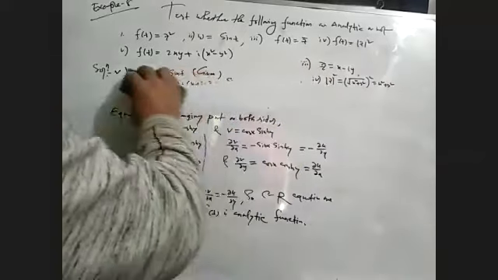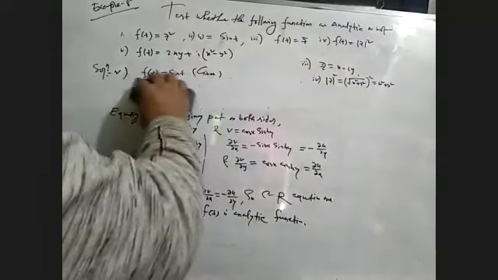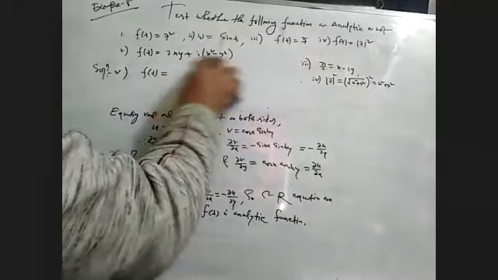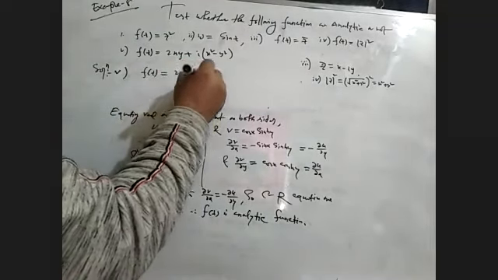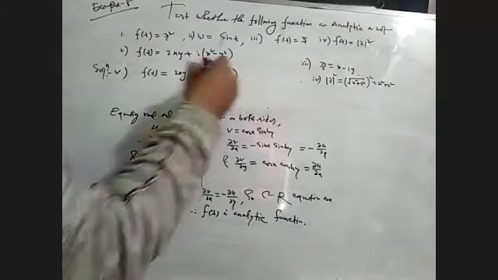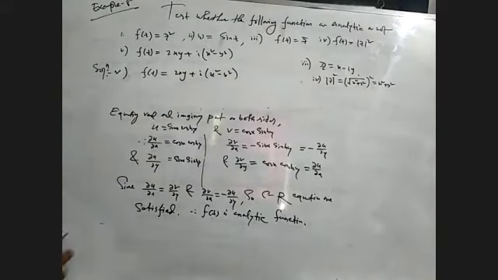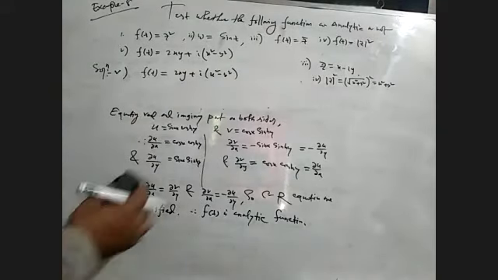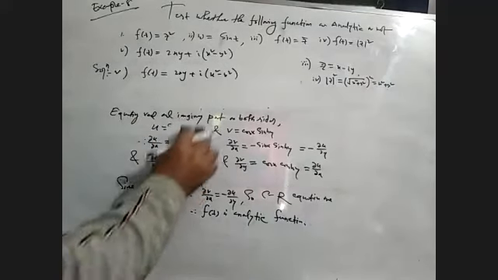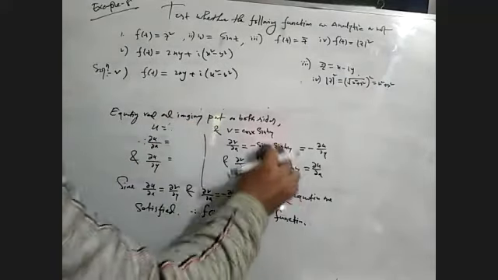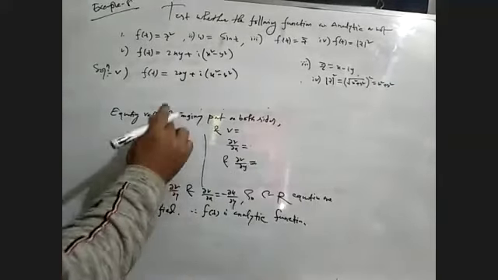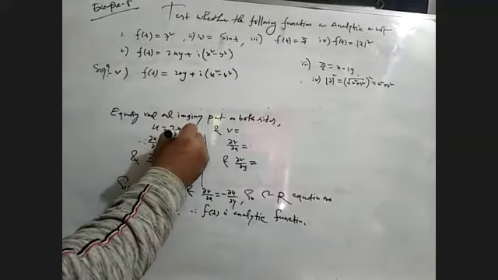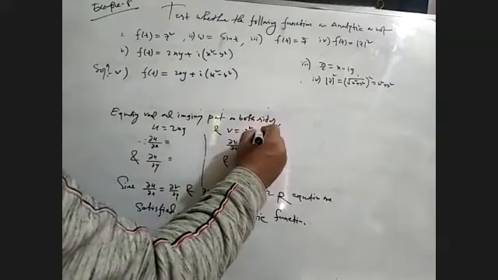f of z is given as twice xy plus i times x square minus y square. So equating the real and imaginary parts, u equals 2xy, and v equals x square minus y square.